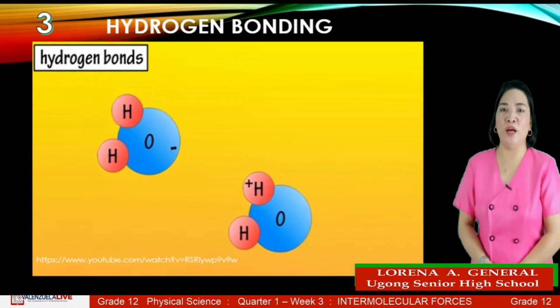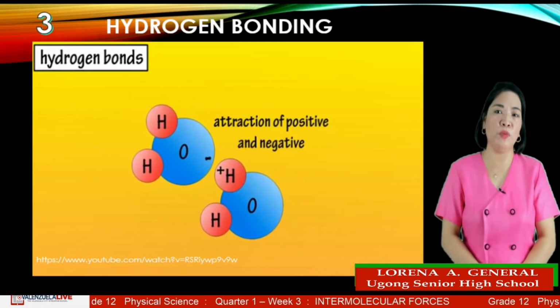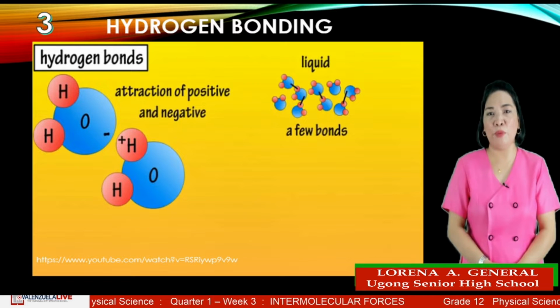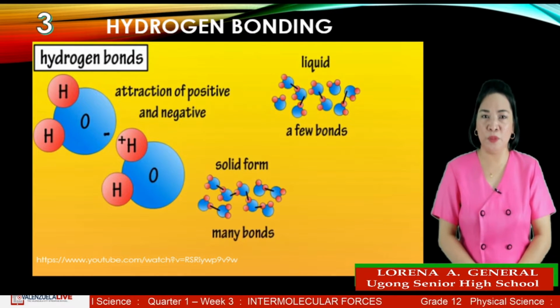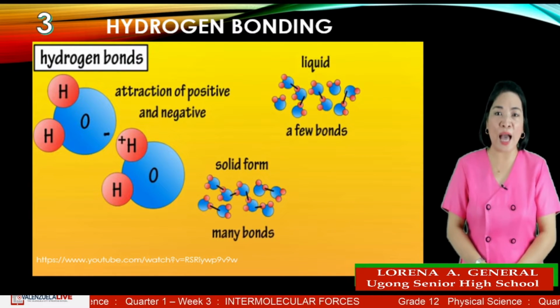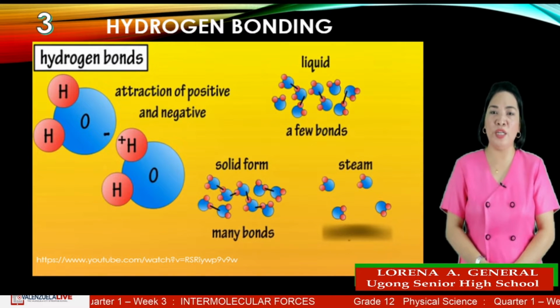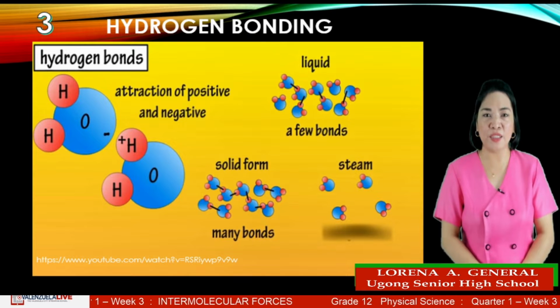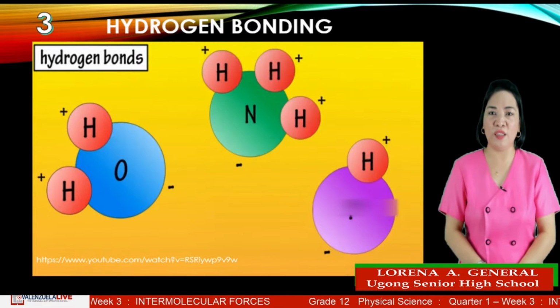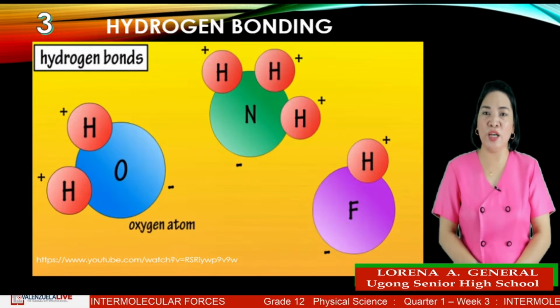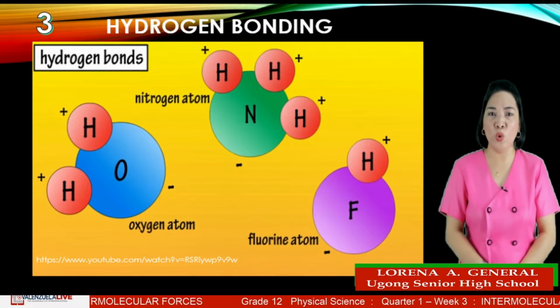Next, the third intermolecular force is what we call hydrogen bonding. It is a special kind of dipole-dipole interaction that occurs specifically between a hydrogen atom bonded to either an oxygen, nitrogen, or fluorine atom. The partially positive end of hydrogen is attracted to the partially negative end of the oxygen, nitrogen, or fluorine of another molecule.